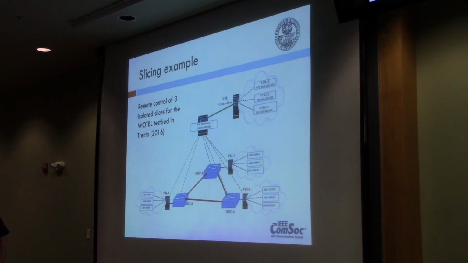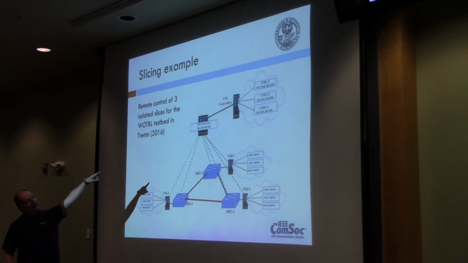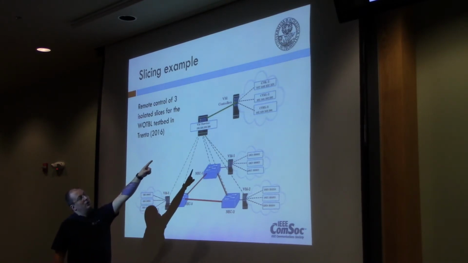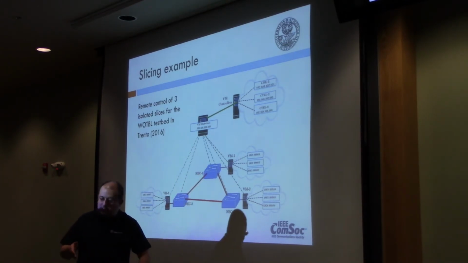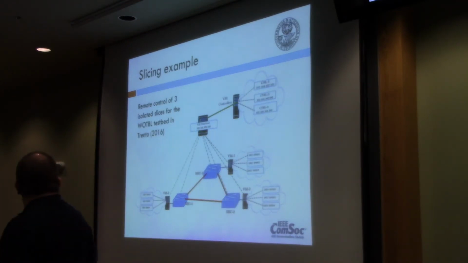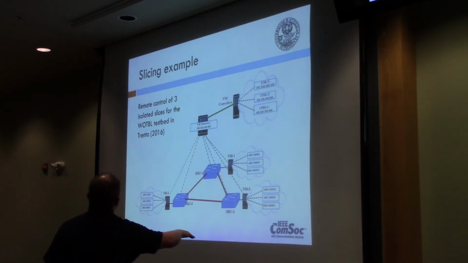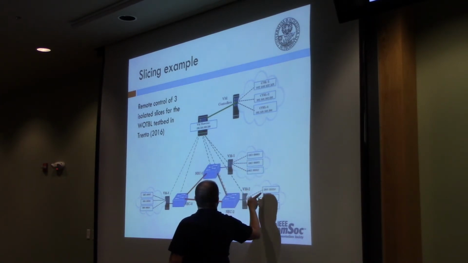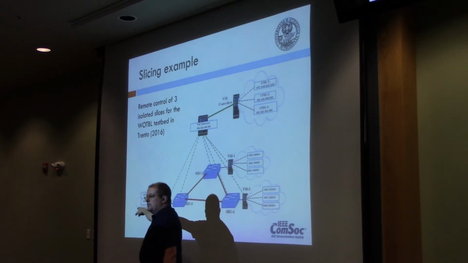What we wanted to demonstrate here is that by using the FlowVisor that is there, we can allow controllers that connect remotely, anywhere in the world, to control a slice of the infrastructure. For us, the slice of the infrastructure is a slice of the bandwidth plus a virtual machine in each of the nodes.